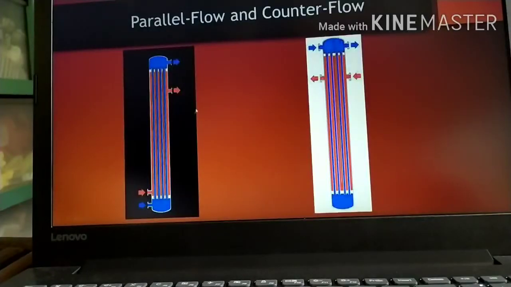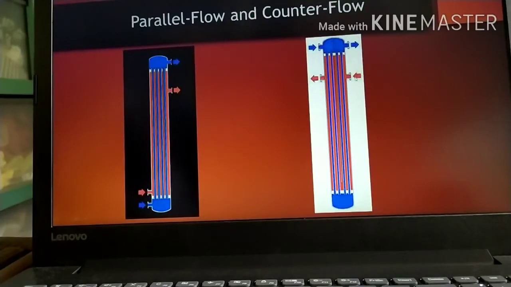So here, this is the parallel flow and counterflow. Here, the hot fluid and the cold fluid enter at the same time. The cold fluid enters here and exits there.